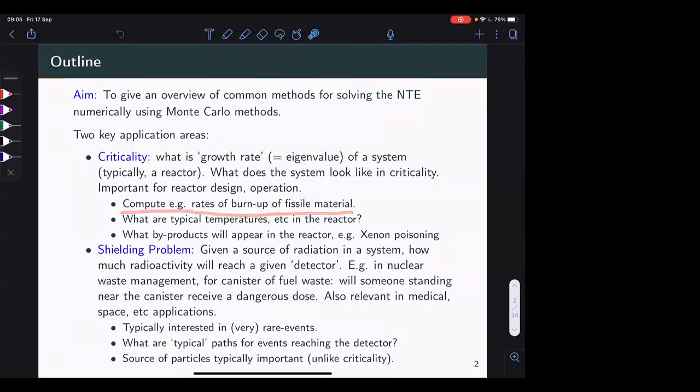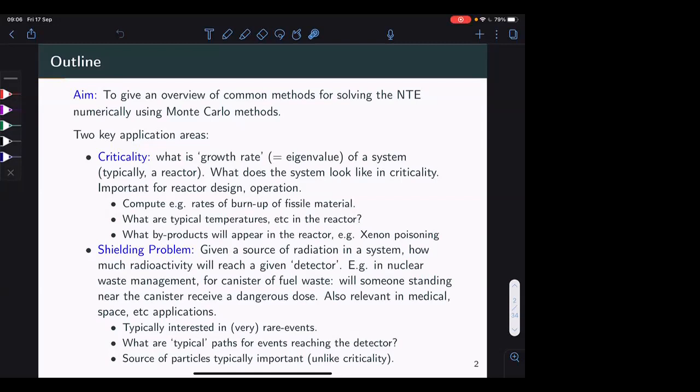One of the things we might want to understand is this: you're running a reactor with fuel rods in there, uranium or whatever is driving the reaction. Over time, of course, this uranium degrades into whatever the byproducts of the nuclear reactions are, and that changes the way the reactor behaves and where the particles are.